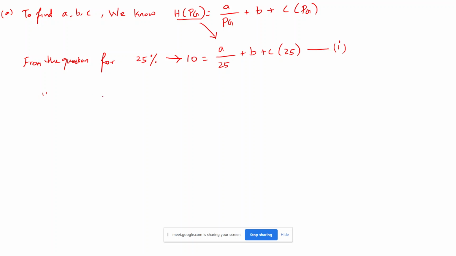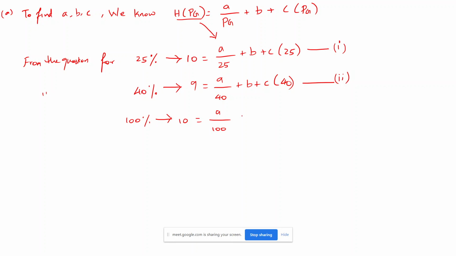Same thing for 40%: heat produced is 9, and it is A divided by 40 plus B plus C into 40. I will make this equation 2. Then for 100%, the heat produced is 10, equal to A divided by 100 plus B plus C into 100. So this is equation 3.